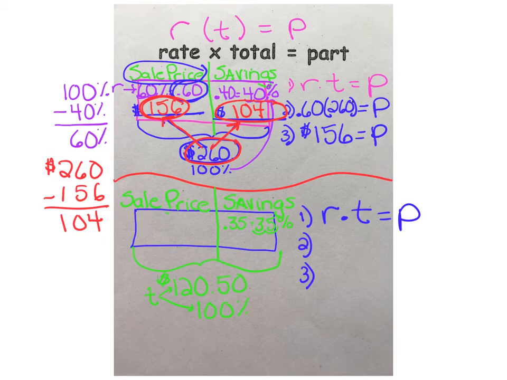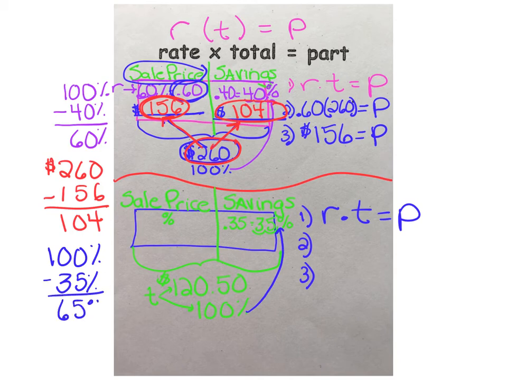But what's the rate associated with the sale price part of the bar? Well, we know out of 100%, if 35% has been assigned here, if we take 100% and take away 35%, we get 65%. That's the rate for the sale price.